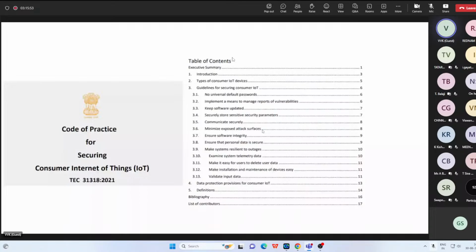There is one document called Code of Practice for Securing Consumer Internet of Things. This is a document which is very interesting to read. I just put the contents page.